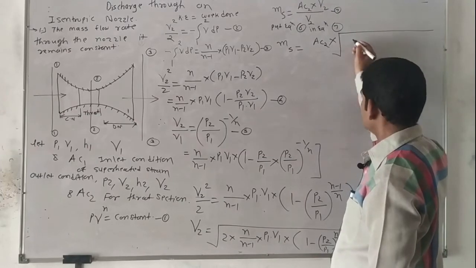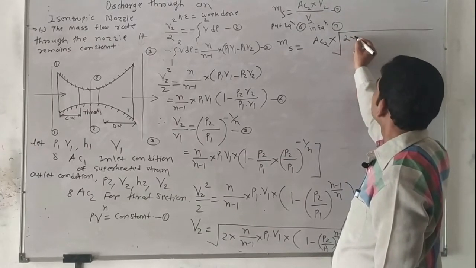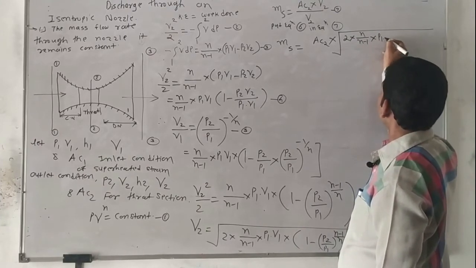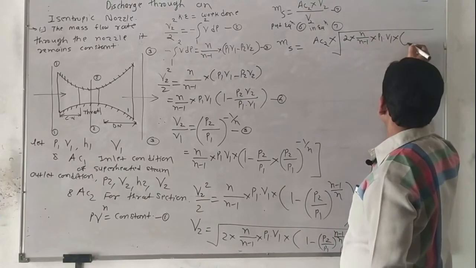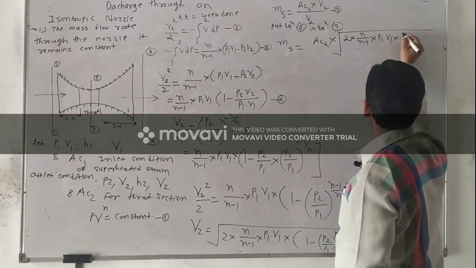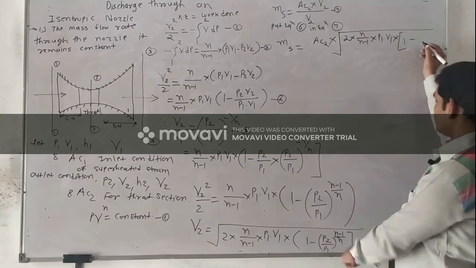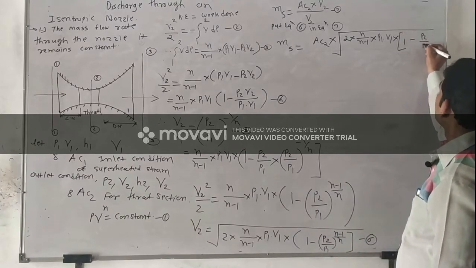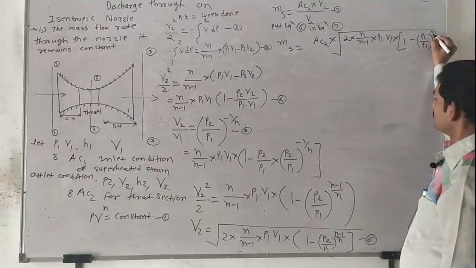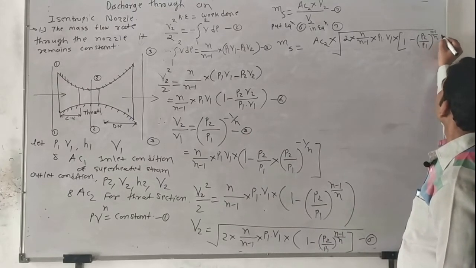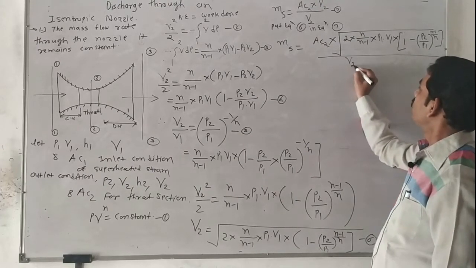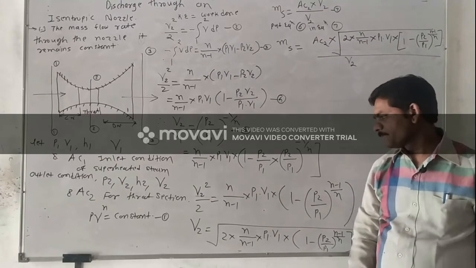So what is it? Square root of twice n upon n minus 1 into P1 V1 into 1 minus, this is the biggest bracket, 1 minus P2 upon P1 to the power n minus 1 upon n, bracket complete, divided by the specific volume v2, right?